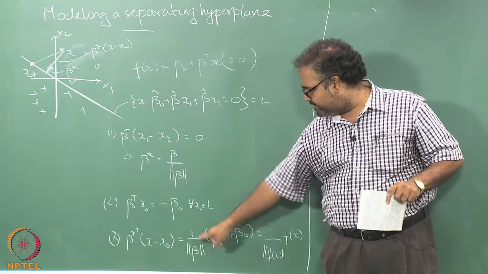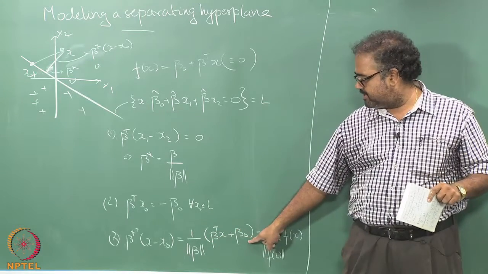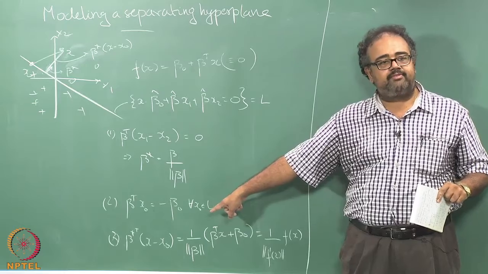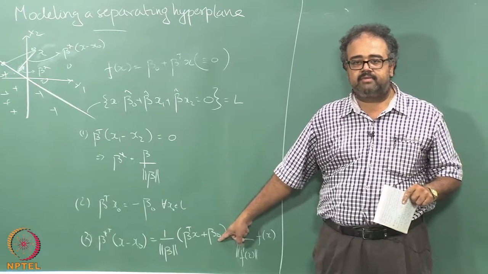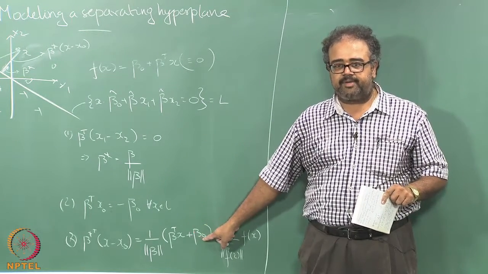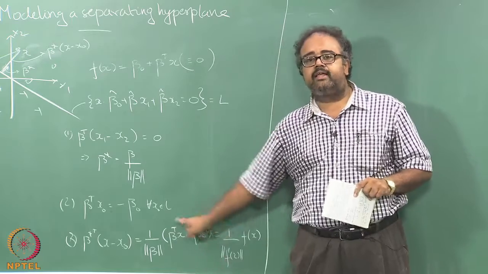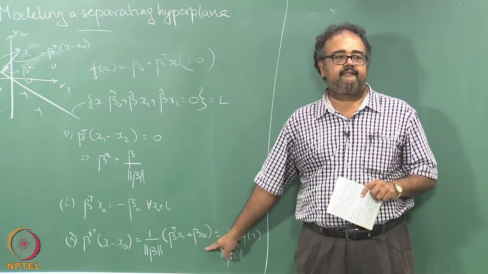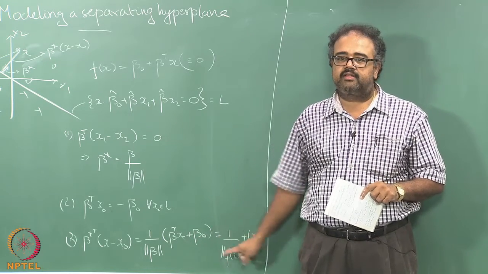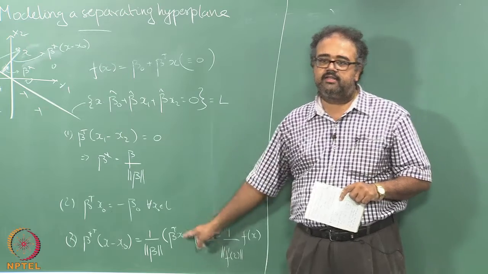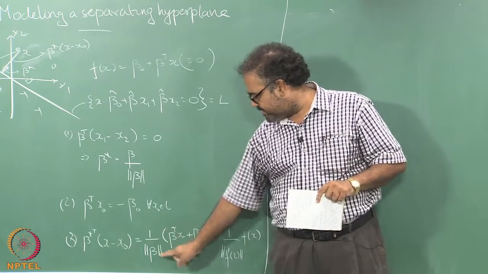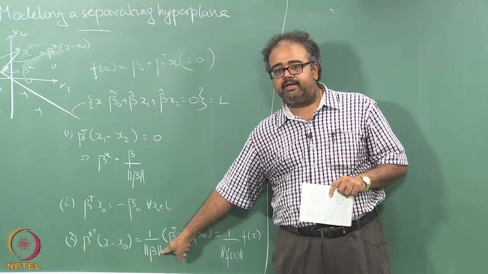So I replace that, and I get beta transpose x plus beta naught, because x naught times beta is minus beta naught. And this expression is actually f of x. So this is f of x divided by norm beta.